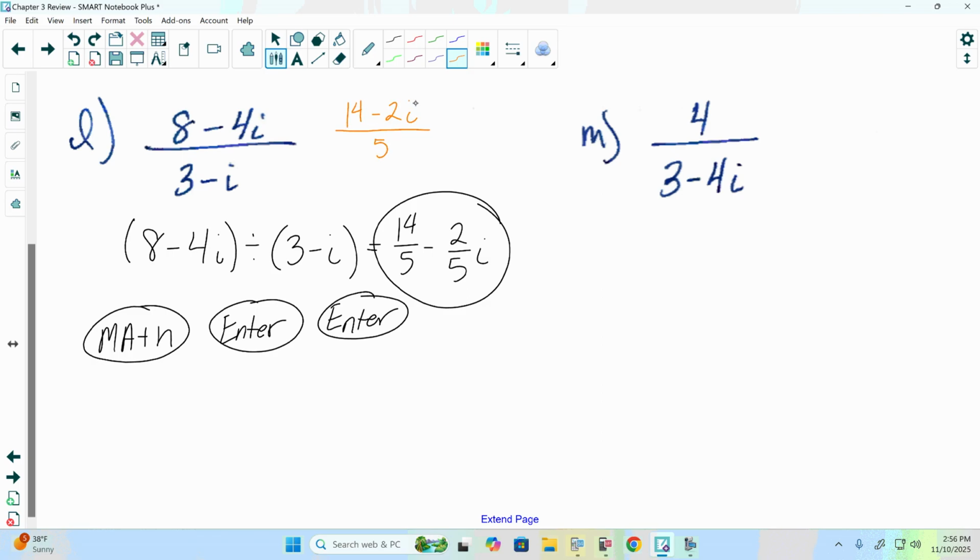Now the review sheet has 14 minus 2i over 5. Those are the same answers. The only difference is that the second answer broke it up into two fractions instead of leaving it as a single fraction. They are the exact same answer. Questions on this here? Questions on how we got this answer?